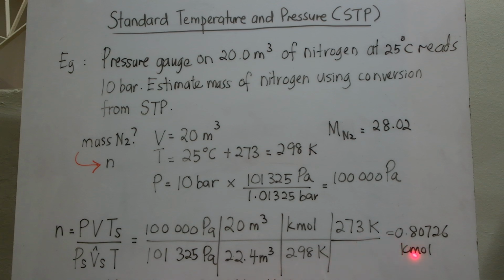So we calculate, and we get the number of moles for this condition of nitrogen as 0.80726 kmole. In order to find the mass of nitrogen, we take that number of kmole times its molecular weight, and then we obtain around 22.619 kilogram.